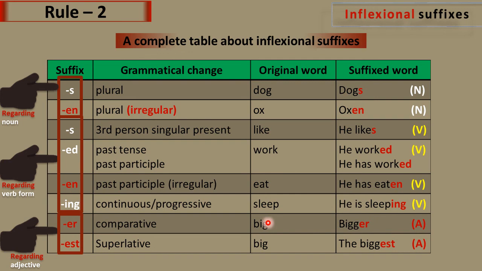As it is monosyllabic, the stress is on the same syllable. Even in bigger, the stress is on the same syllable, and even in biggest, the stress is on the same syllable. So from this table, finally we have to understand that we have many inflectional suffixes, and these cannot affect the stress of the root word. Do you understand?